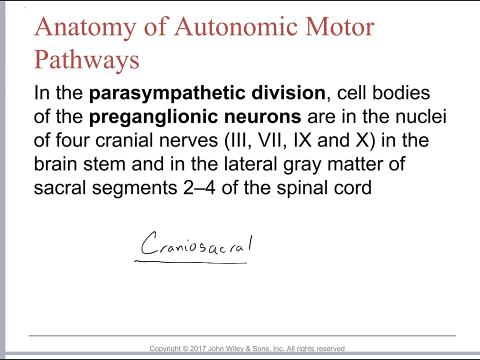So kind of like thoracolumbar, we have craniosacral here because we are identifying that we are in these first 4 cranial nerves, 3, 7, 9, and 10, and in the second, third, fourth segments of the sacral portion of the spinal cord. So again, craniosacral is our other terminology.